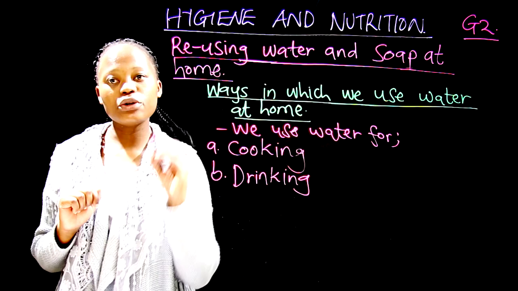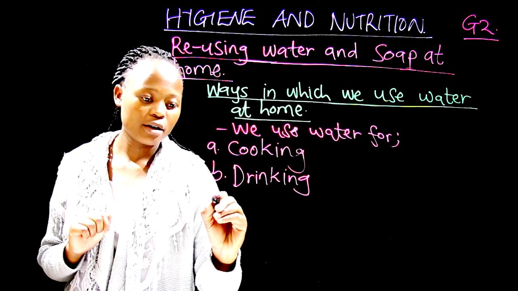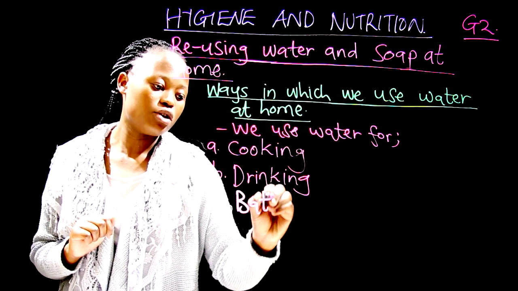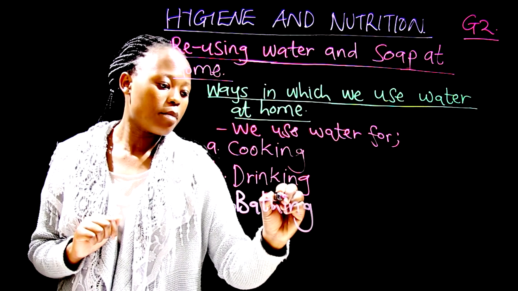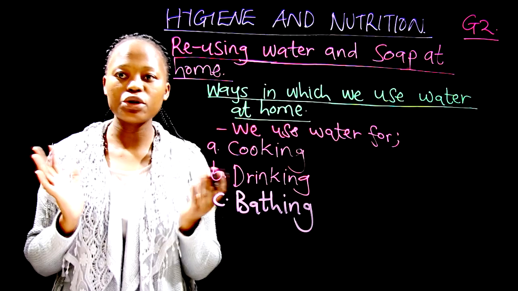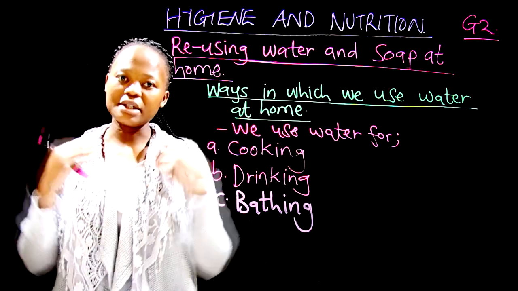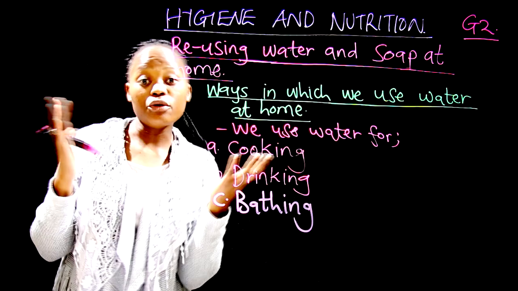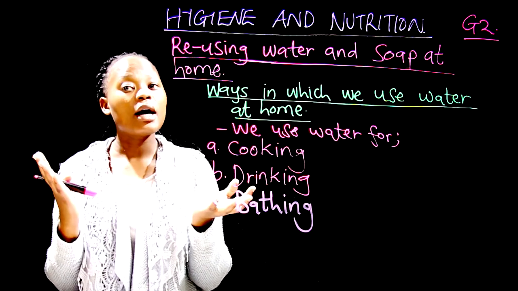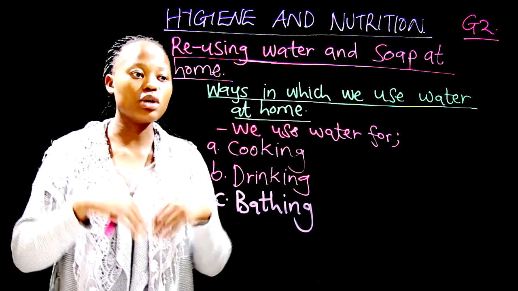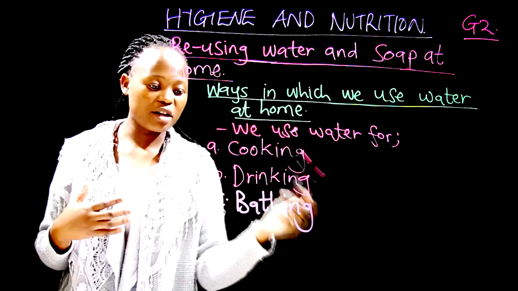Let us see, we use water for bathing. Bathing is another use of water. When you want to clean your body, or when your body is dirty, or maybe when you wet your bed, you need to take a shower or a bath. So we use water for bathing.